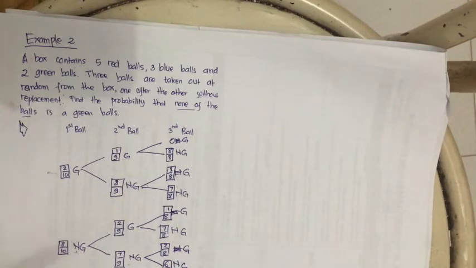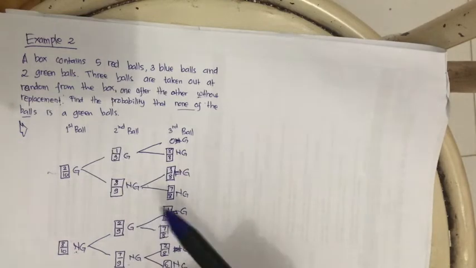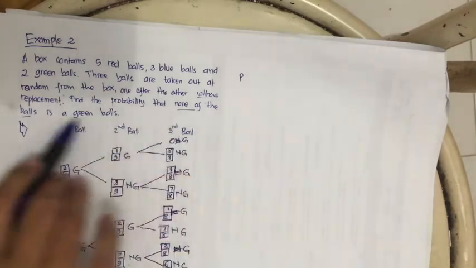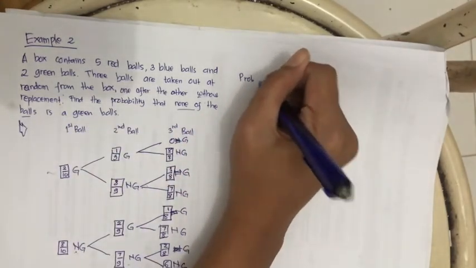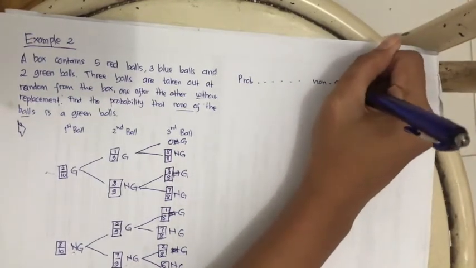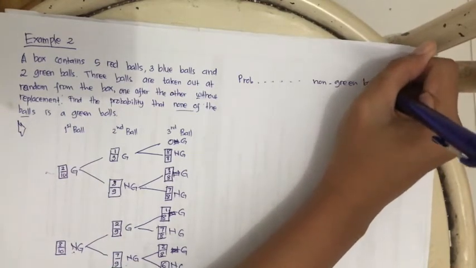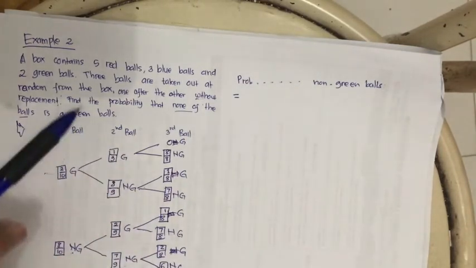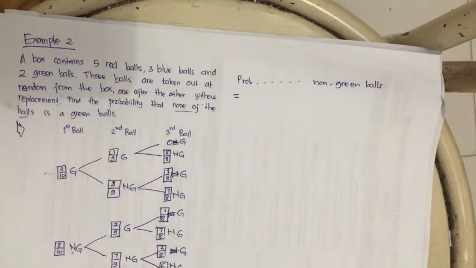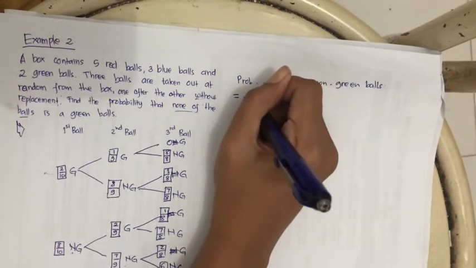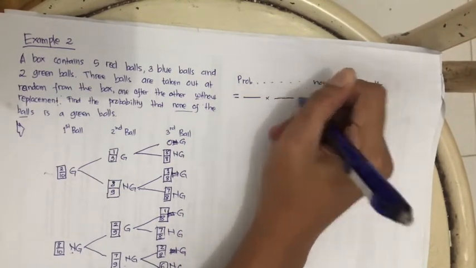Okay, now let's try to find the solution without drawing the tree diagram. Let's just assume that we don't have this tree diagram and we want to find the solution without reverting to it. So the probability that none of the balls are green, let's just say non-green balls, is equal to: because 3 balls are taken out at random from the box, one after the other without replacement, we take it 3 times.